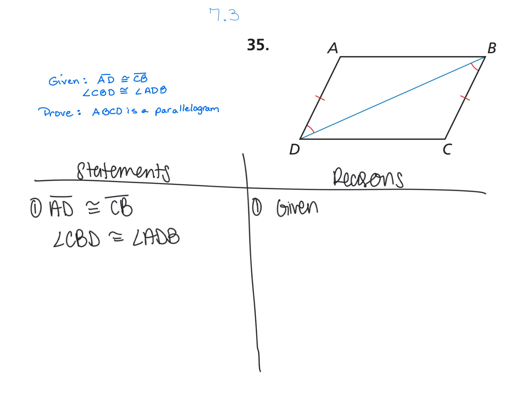For this one, I will be using something with converse. Okay, so looking at it, what can I prove here? What do I have? Looking at my diagram, what can I use? Anyone see anything that they can use?